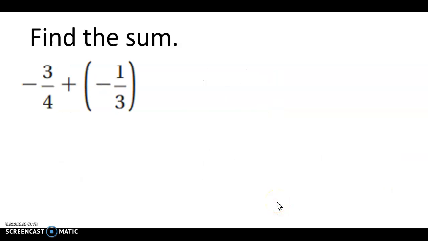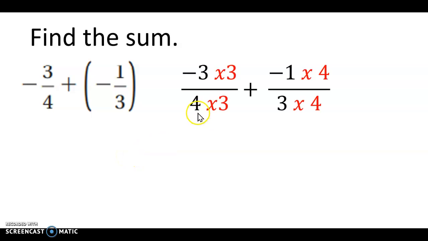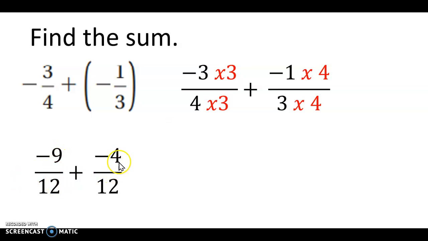Alright, -3/4 plus -1/3. Common denominator for 4 and 3. It's not 4, it's not 3, 12. So 4 times 3 is 12, 3 times 4 is 12. So when we multiply all this out, we get -9/12 and -4/12.